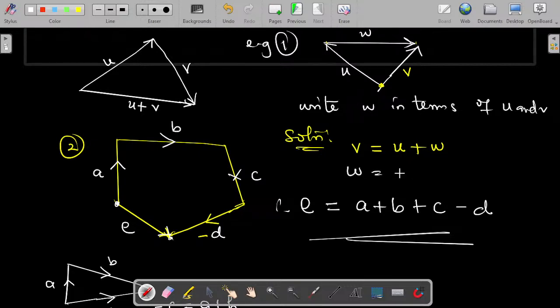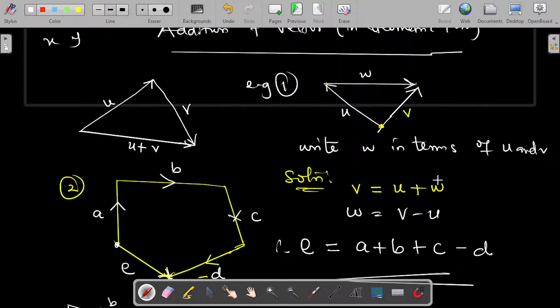So we got W to be V minus U. So here now we can turn the direction of our U. If we turn the direction of U, it is now going to go this way, and so U will now be minus. So you can see that W started and ended. Therefore, our W will be equal to minus U plus V, which is the same thing as V minus U. And that is what we got here. So I hope it makes sense.